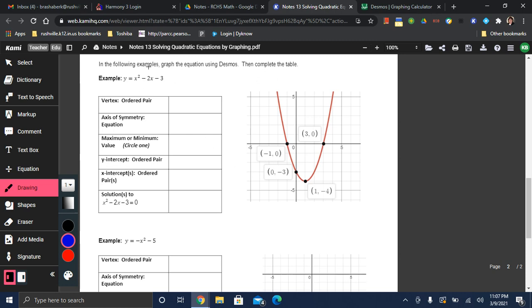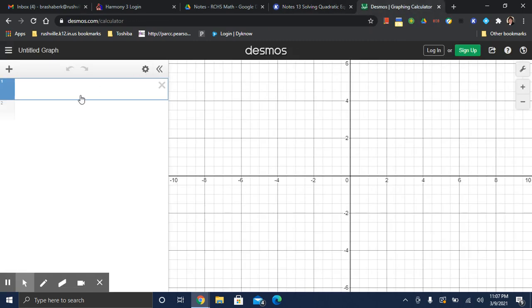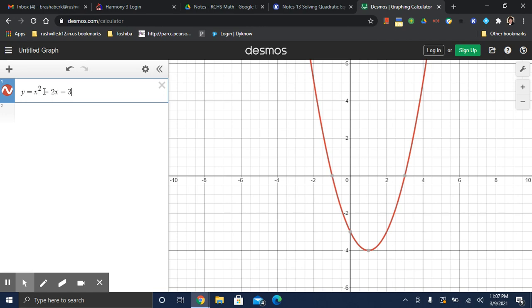What you will do is take your equation and type it into Desmos. So I'm going to demonstrate that on this video. So I have y equals x to the second minus 2x minus 3. I'm going to go to Desmos, to the graphing calculator, y equals x squared minus 2x minus 3.